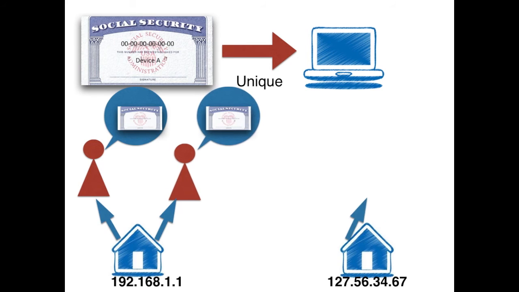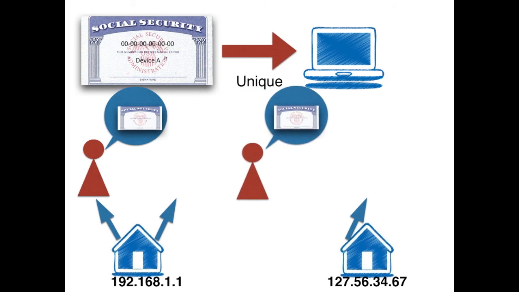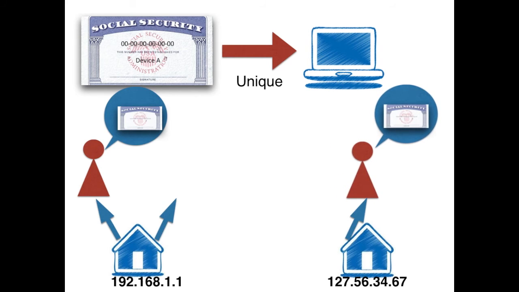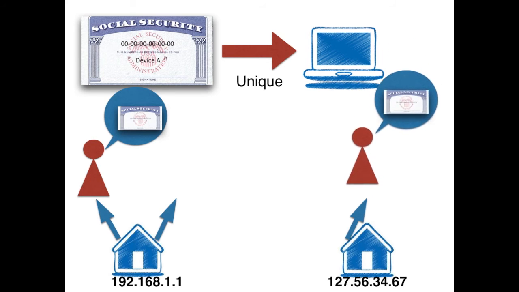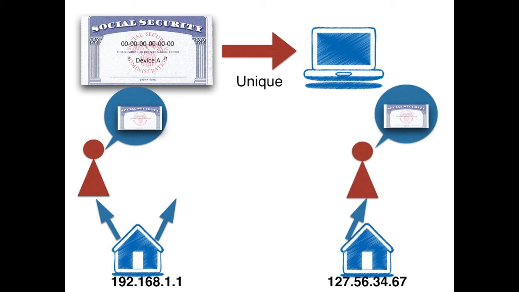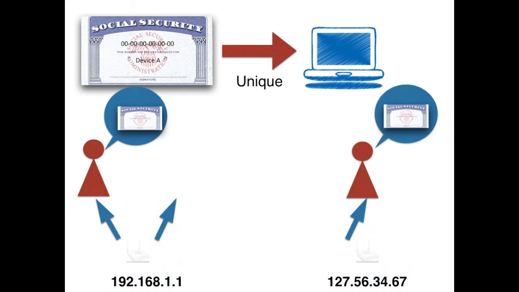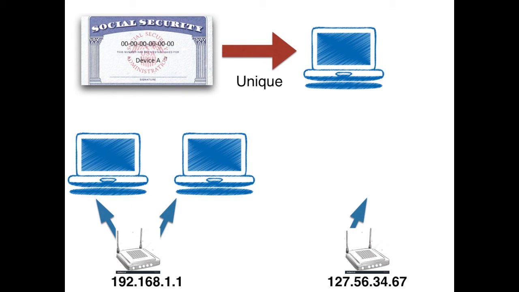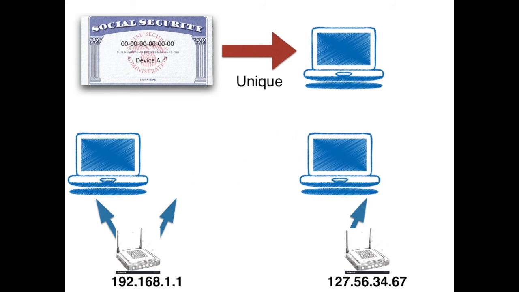If you move to another house, your mailing address will change, but your Social Security number will stay the same. Let's change house to router and change person to device. If a device moves from one subnet to another, its IP address will change, but the MAC address will stay the same.